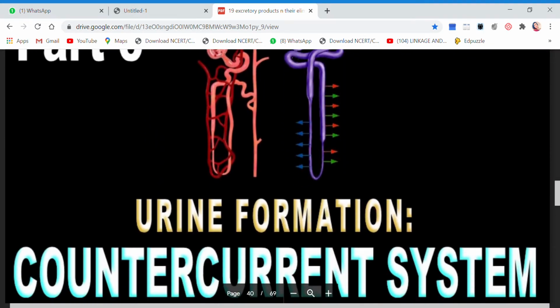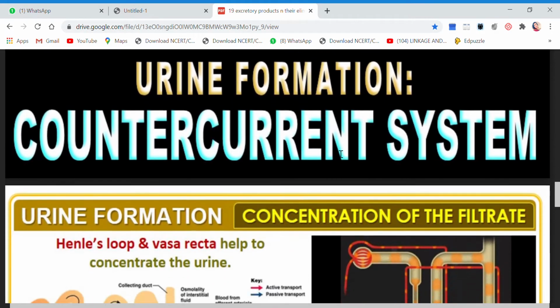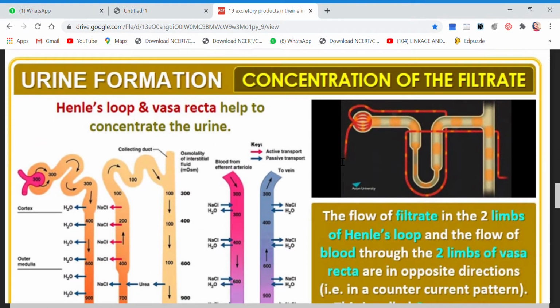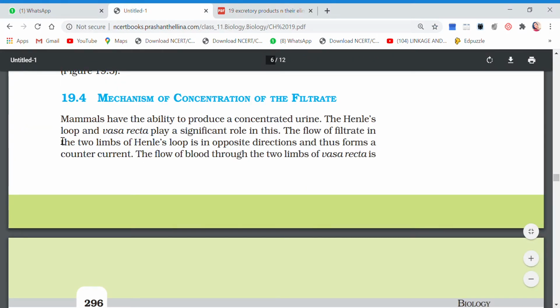Now in this video we are supposed to talk about the counter current system which takes place during urine formation. Before this, let me show you your NCERT here. Now children, mammals have the ability to produce a concentrated urine. We have done this, that 180 liters per day, but we do not excrete 180 liters.